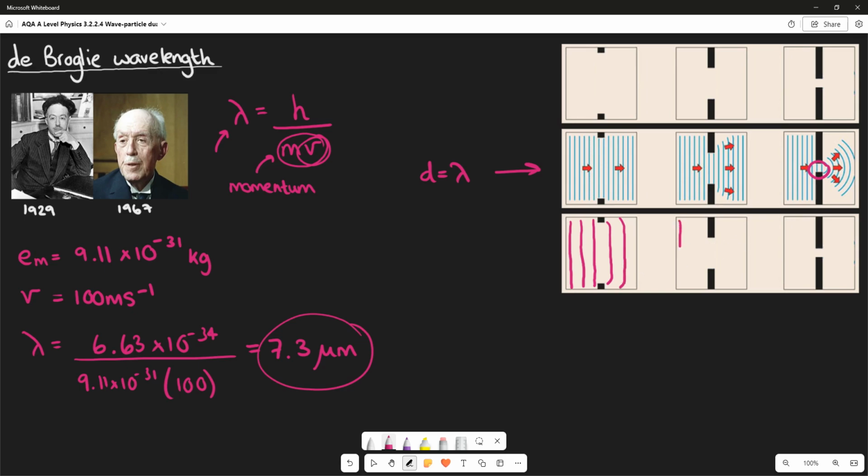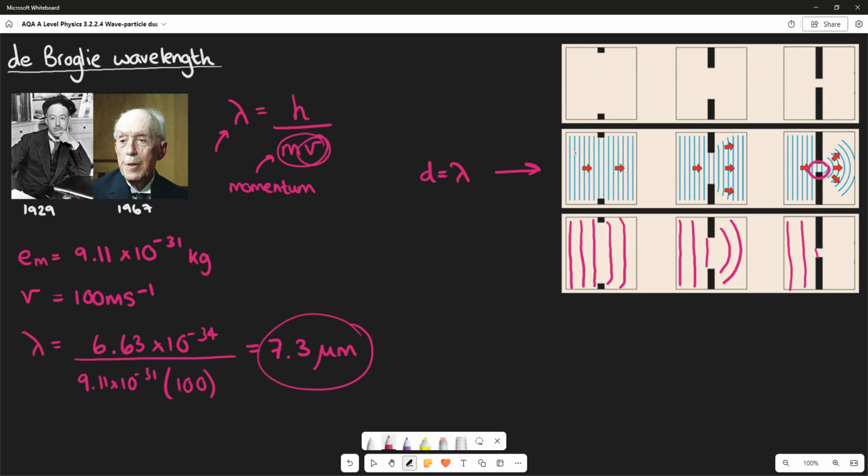And this one over here, the gap is much closer to being the size of the wavelength. So we would get more diffraction. In this situation here, the gap is actually smaller than the wavelength. So the wave would be blocked, it wouldn't be able to pass through.